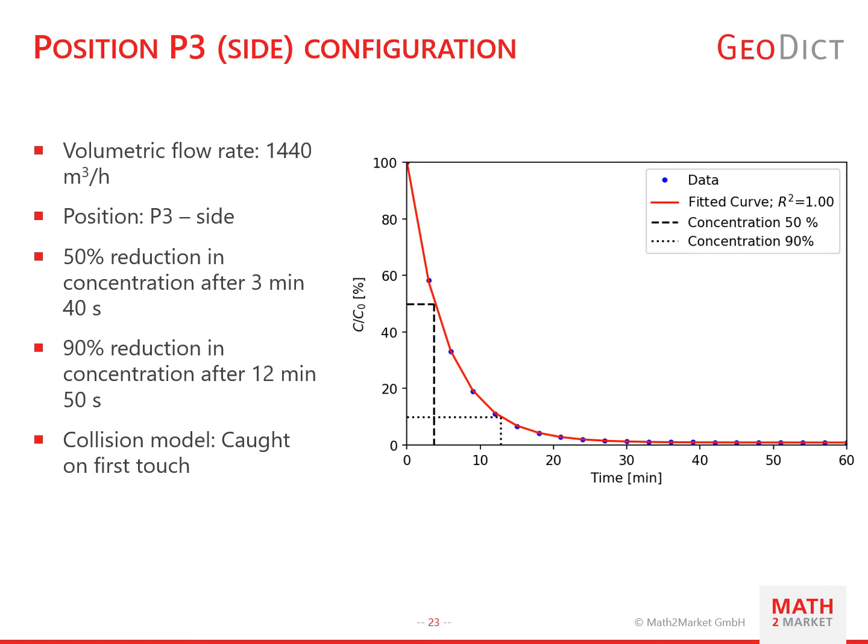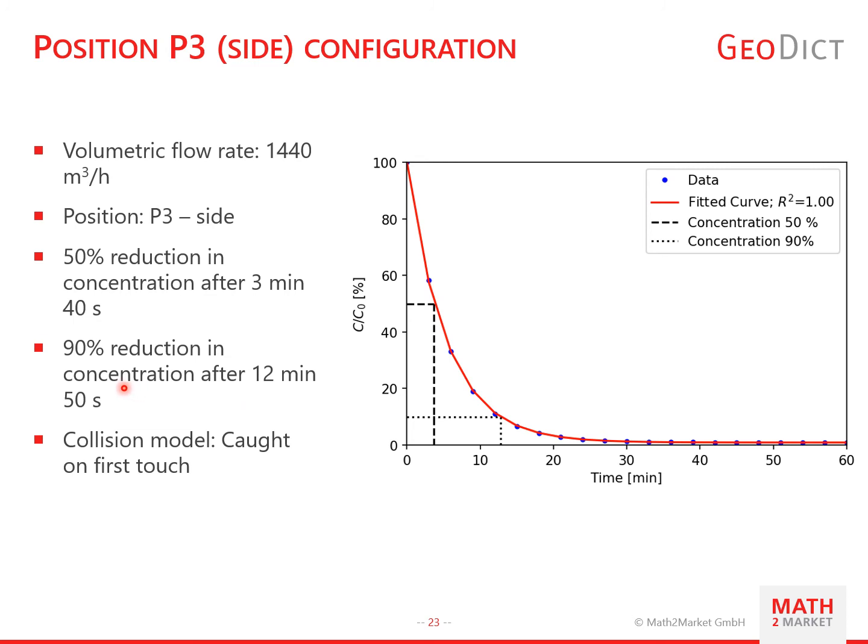If we take a close look, for example, at position 3 or the side configuration, at a volumetric flow rate of 1,440 cubic meters per hour, we can extract more detailed information. For example, we can see that we achieve a 50% reduction in concentration of the aerosols after almost 4 minutes.